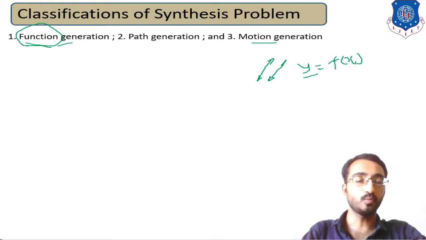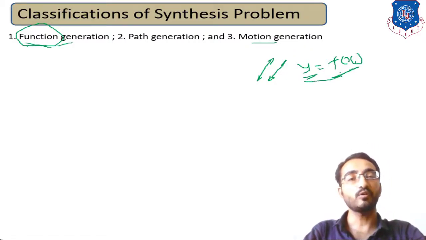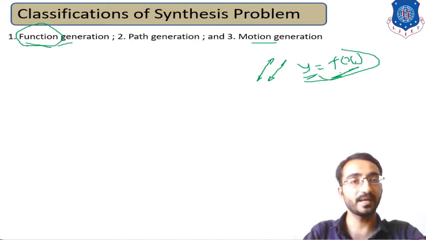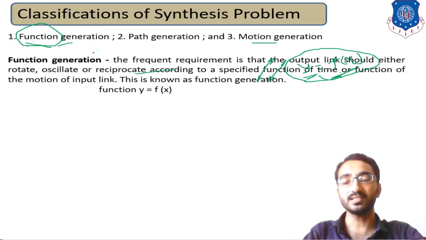If the desired output or motion is defined by a function of the input parameter, then y is equal to f of x. This mathematical function is your key factor, and using it you design your desired output mechanism. This type of process is known as function generation.